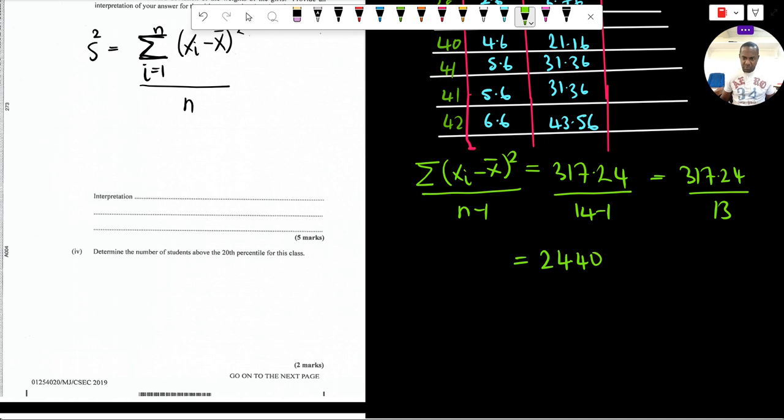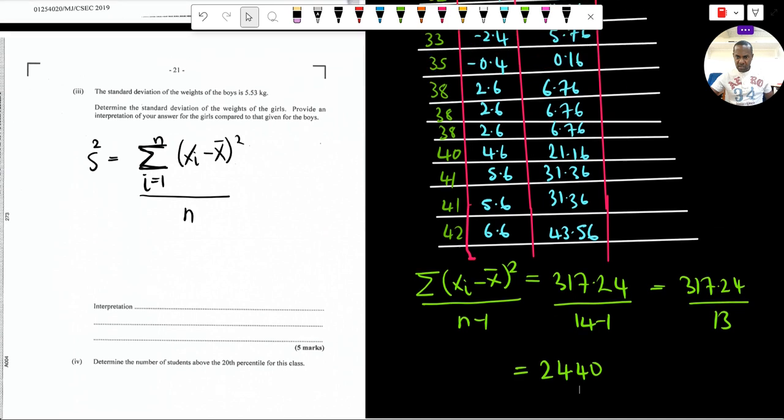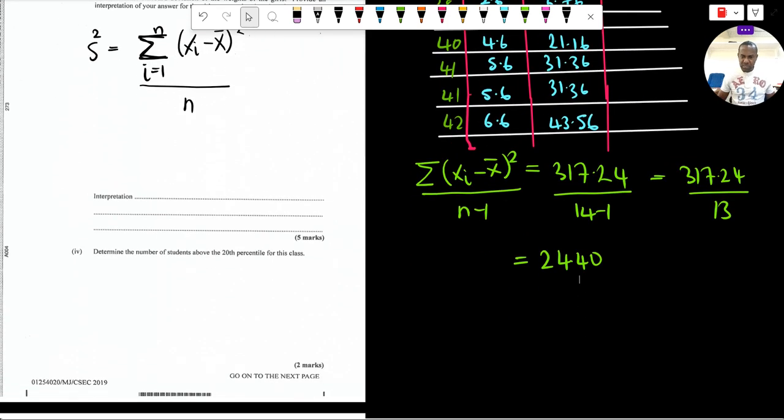So this probably has a little error somewhere, but the principle, of course, remains correct. The first time I did the question on paper, I got sigma squared to be 25.1, so there may have been a little mistake somewhere, but again, the principle remains the same. And so this is 24.40.